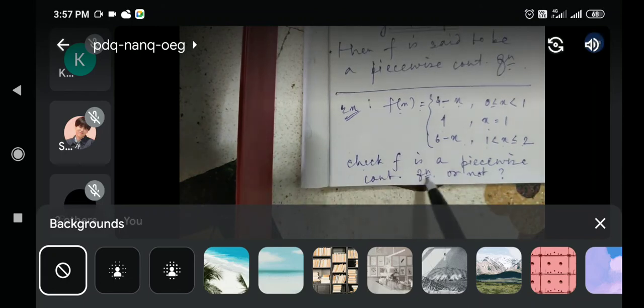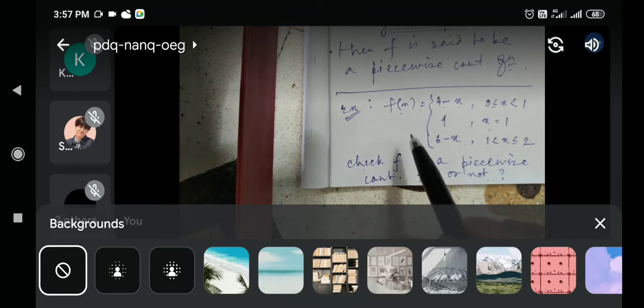Now I am asking, what is the domain of that function f of x, that is, where the function is defined?